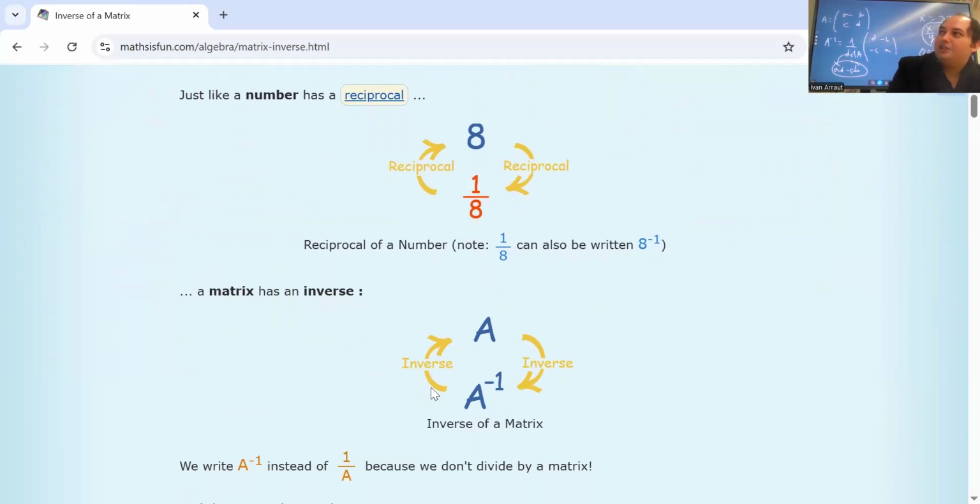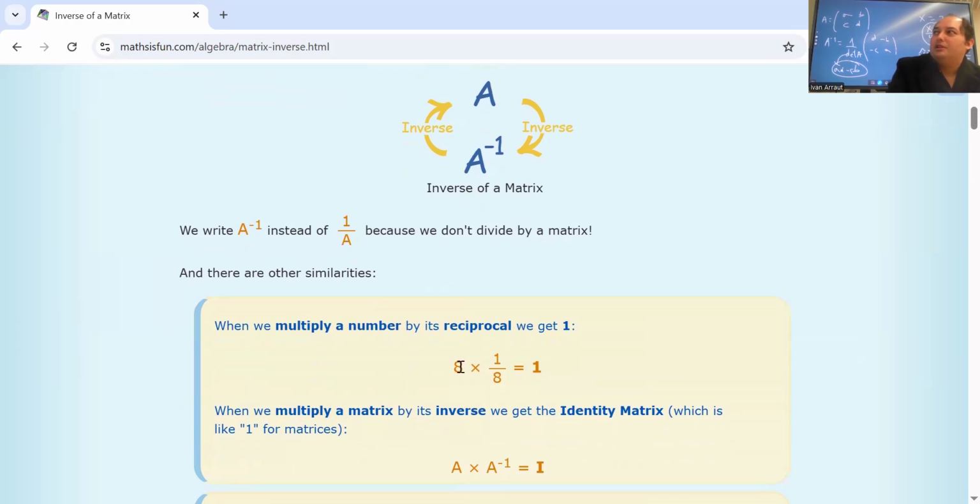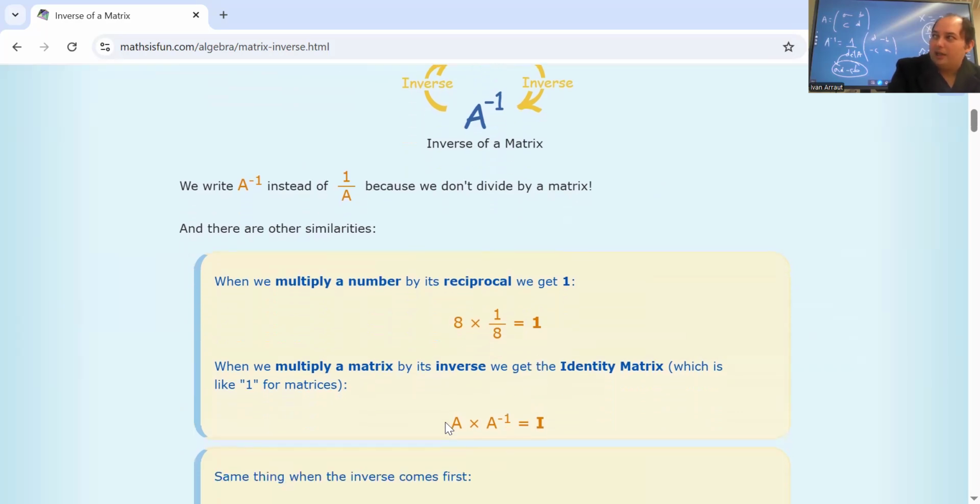In matrices, it's the same. The inverse of the matrix is represented with a -1 here. And we don't use a fraction notation because there is no division in matrices. You can calculate the inverse of the matrix. In the same way as a number multiplied by its reciprocal is 1, a matrix multiplied by the inverse gives you the identity.